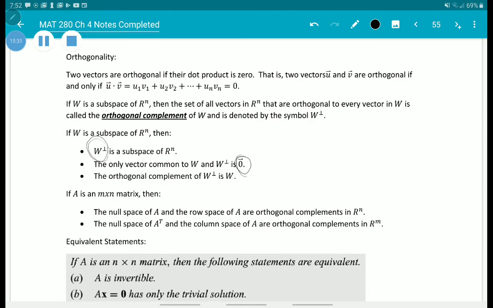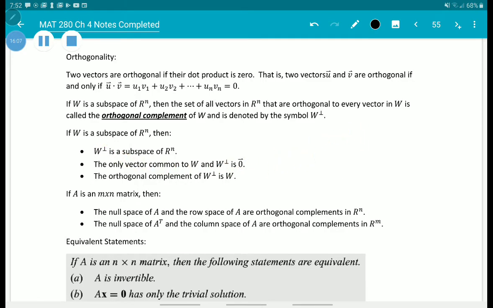And the orthogonal complement of the complement of W is W itself. What that's saying mathematically is that if I take the complement of the complement, I'm going to get back to W.